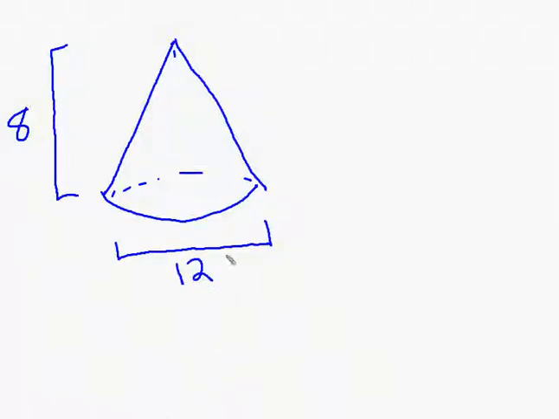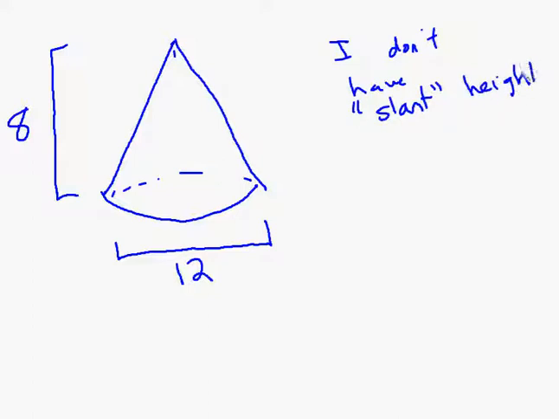So there's my cone. Notice this time, I don't have what? I don't have the slant height. You can find it though. Yes, I can find it. So let's talk about how we can find it. Who has an idea? How can we find it?